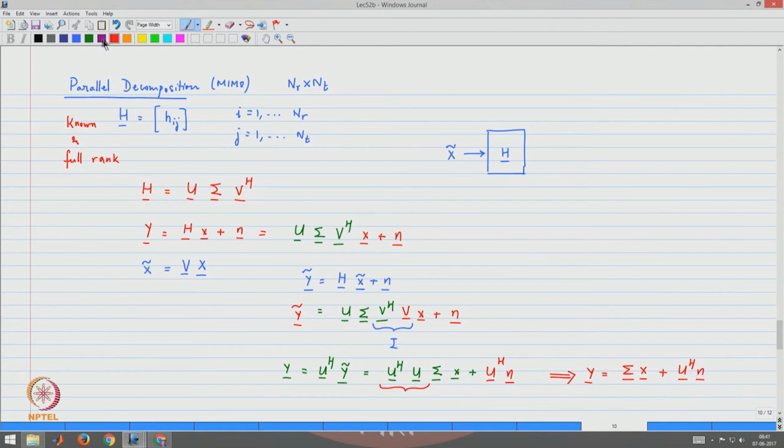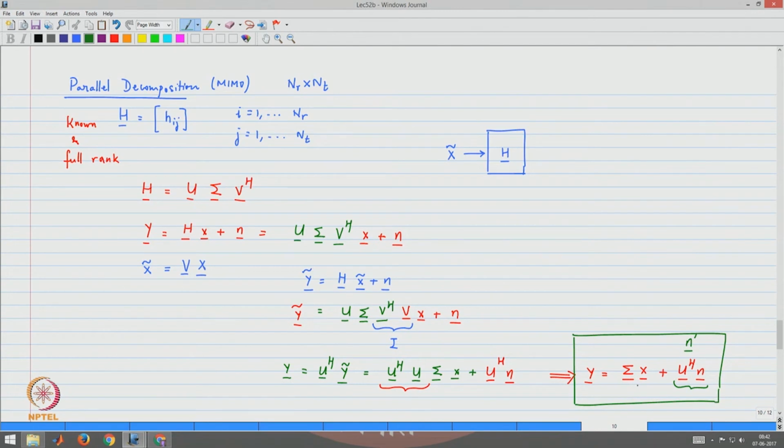Okay. Now, we can treat this as a vector n dash, which, since U is a unitary matrix, has the same statistical properties as n. So, basically this is a modified noise vector, but notice the rest of the equation is very interesting, because it says that my input and output are related by a diagonal matrix.